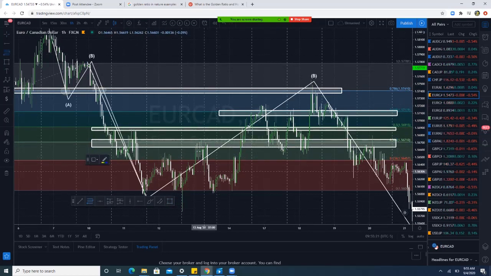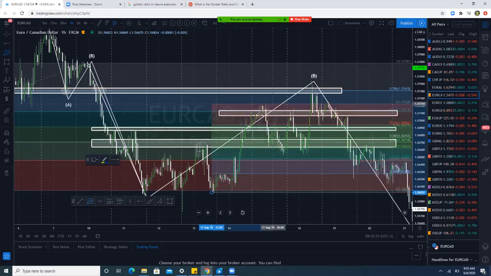So if I go back to this Fibonacci, from here to here, and I use something called a Fibonacci extension.